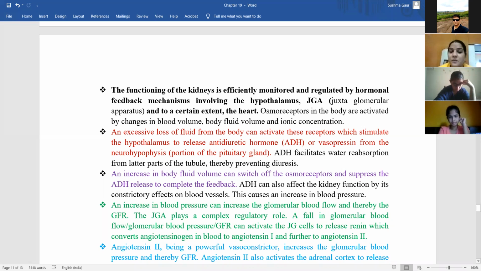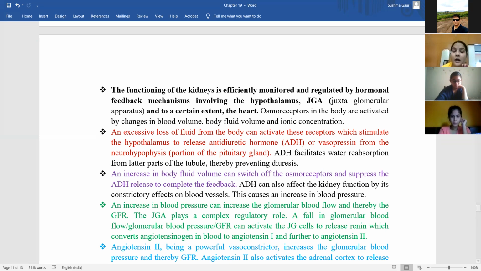And in some way, the heart also plays an important role in maintaining the functioning of the kidney. So there are some types of receptors known as osmoreceptors present in the body. They are activated by change in the blood volume, body fluid volume, and the ionic concentration of the body.